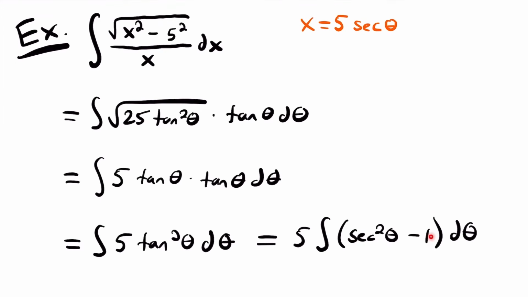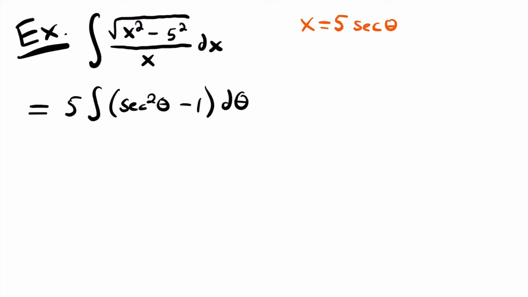And the integral of 1 is just going to be theta, but then the integral of secant squared theta is just tangent theta, right? We know what the integral is for secant squared theta. Since the derivative of tangent is secant squared, then the integral of secant squared is going to be tangent. And so if I clean up my work again, we will have that this is equal to 5 times the integral of secant squared theta, which is tangent theta, minus the integral of 1, which is just theta.